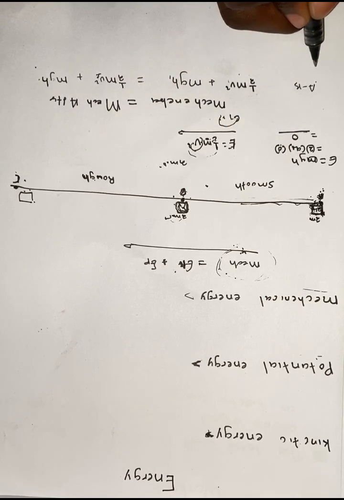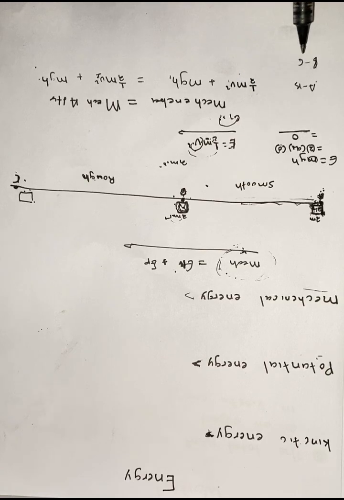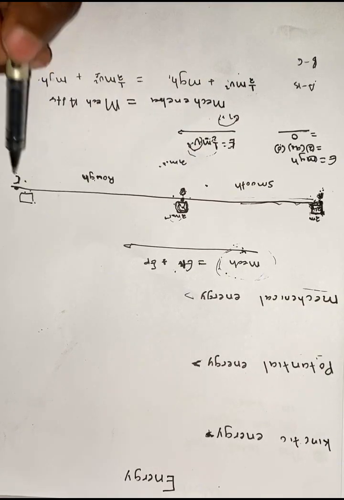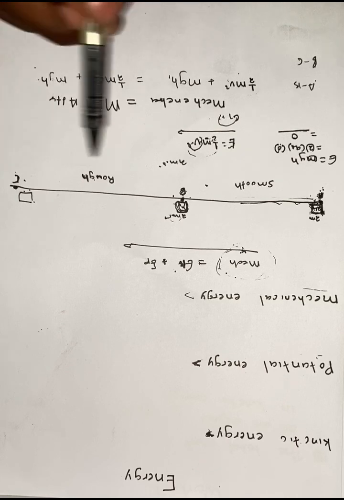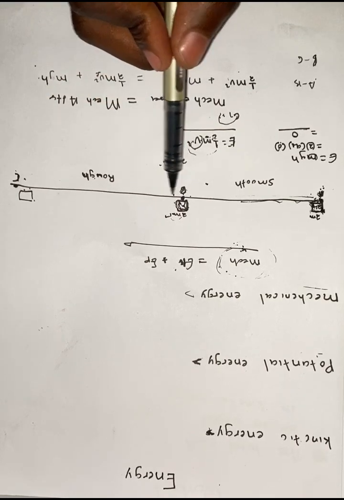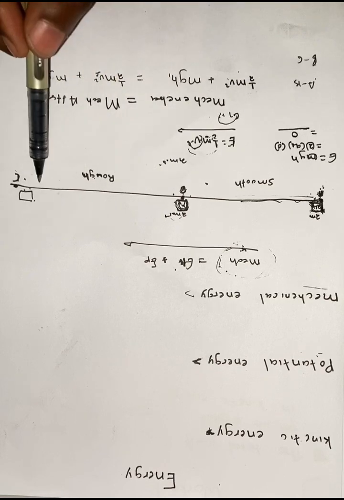Let's say I now move from point B to point C. Remember, point B to point C is a rough surface. That means this 2 kg block is now moving along a rough horizontal surface.